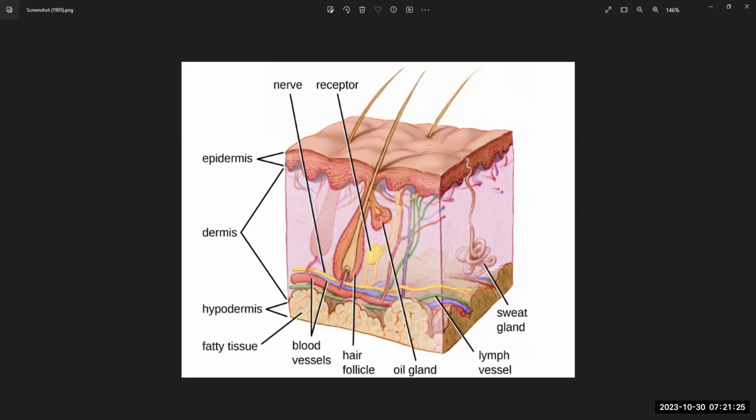Sealing the pores prevents bacteria on the skin surface from invading sweat glands and surrounding tissues. So the sweat glands and surrounding tissues are protected by the sebum secreted from the hair follicle.